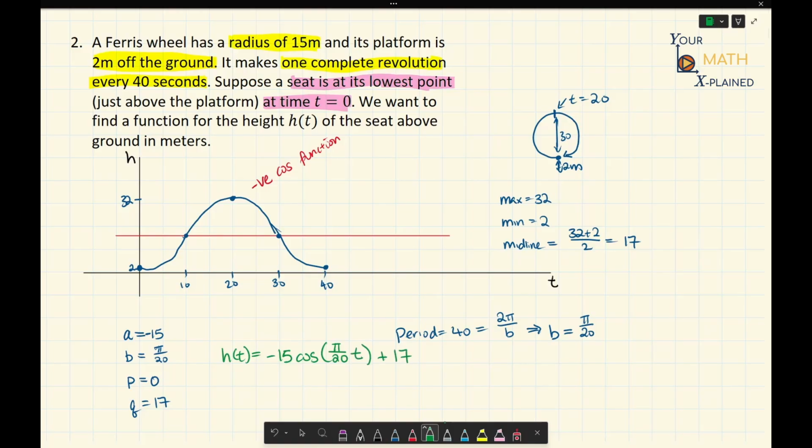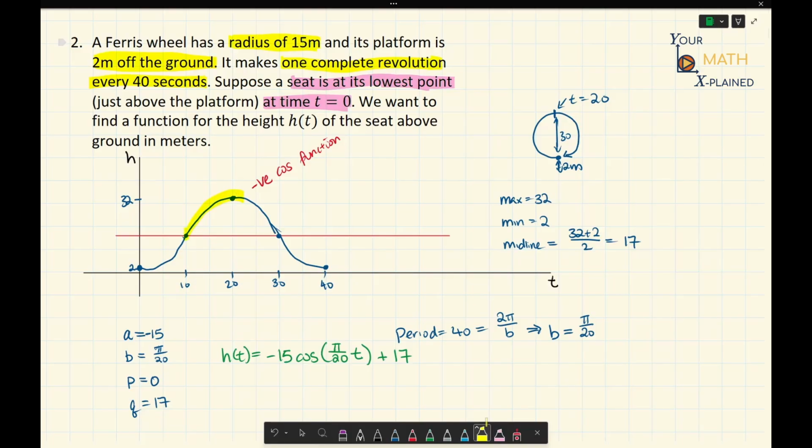Now, just as a quick side note, we decided to use a negative cosine function here, but you can actually also use a sine function. So the sine function starts at 0, or starts at the midline, and it increases to the maximum. Meaning, if we wanted to use a sine function, we would start at this point and then start going up.